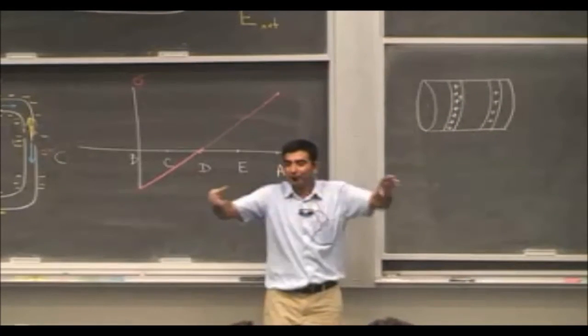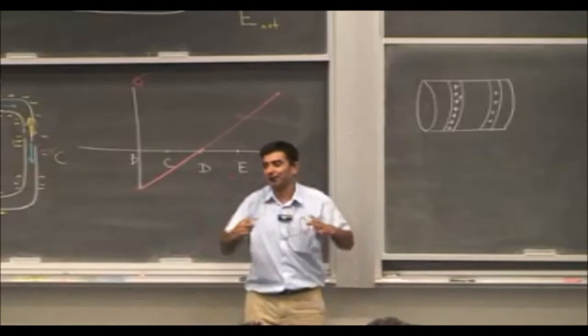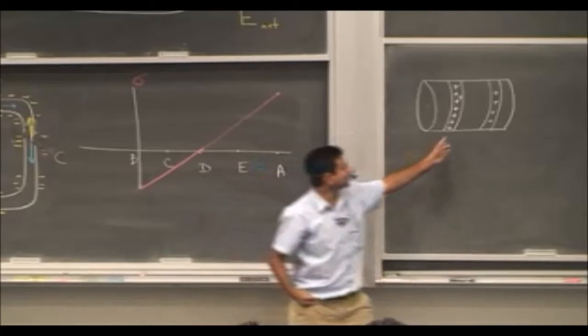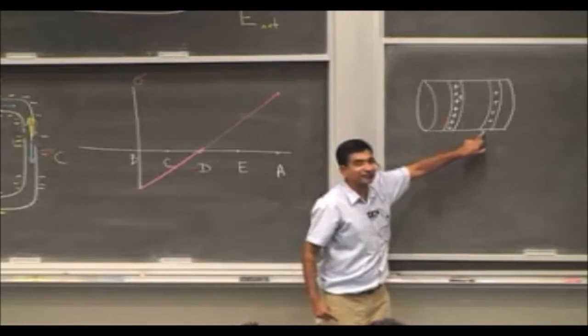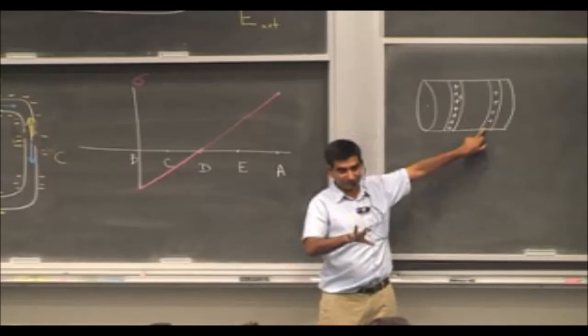Alright, now I've drawn a conductor in the form of a tube. On the surface there is a ring of charge. Right, so this is a surface charge density. Here there is also some charge, but the charge here is diluted. I'm talking about positive charge.